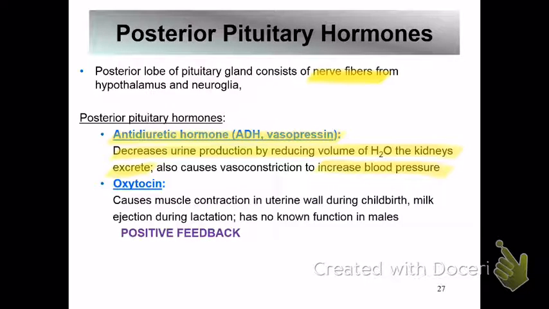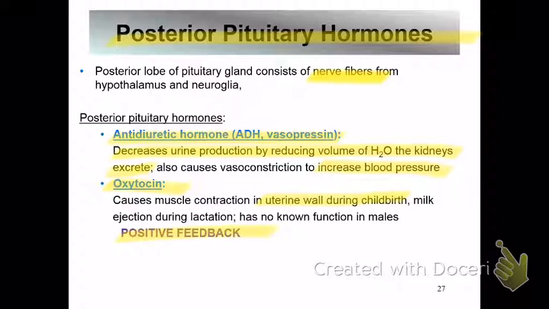Okay, oxytocin, the second one, from the posterior pituitary gland, is what makes the uterus contract. Now, everything we've talked about so far is negative feedback. If you need more, you make more. Once you make too much, you make less. Oxytocin is an example of positive feedback. That means when you release oxytocin, you don't stop releasing it to regulate.